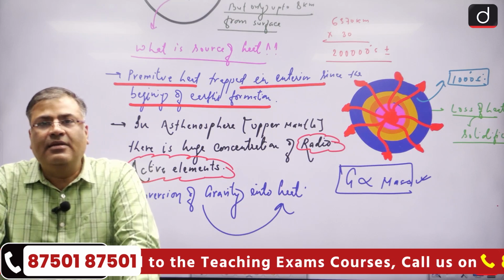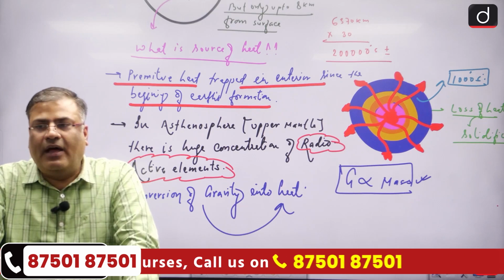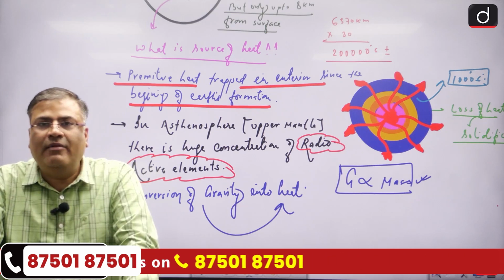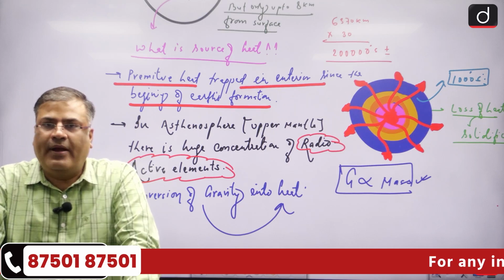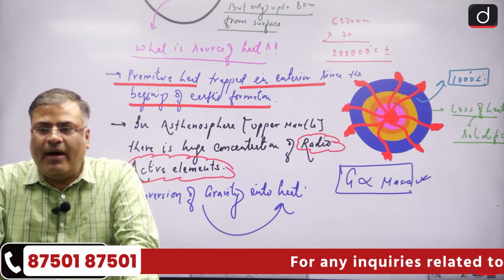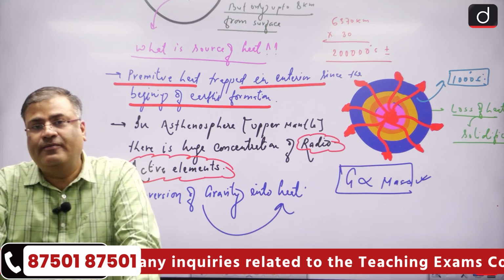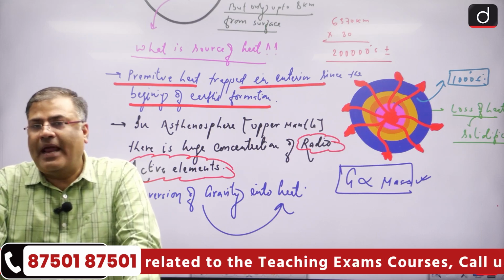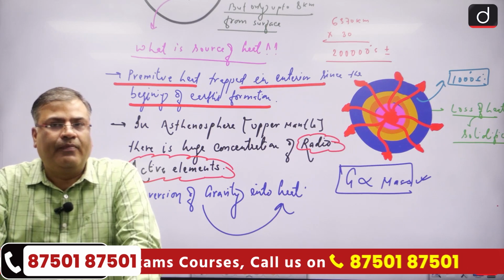The answer lies in its gravity. The gravity of the Earth has not always been a constant value. Today, the Earth has this mass. This mass was not always there. Today, the density is 5.5 gram per cubic centimeter. It was not earlier like this. It was lesser.